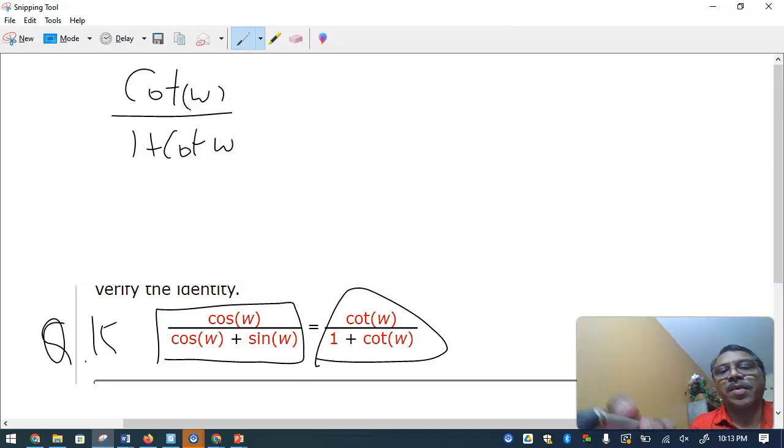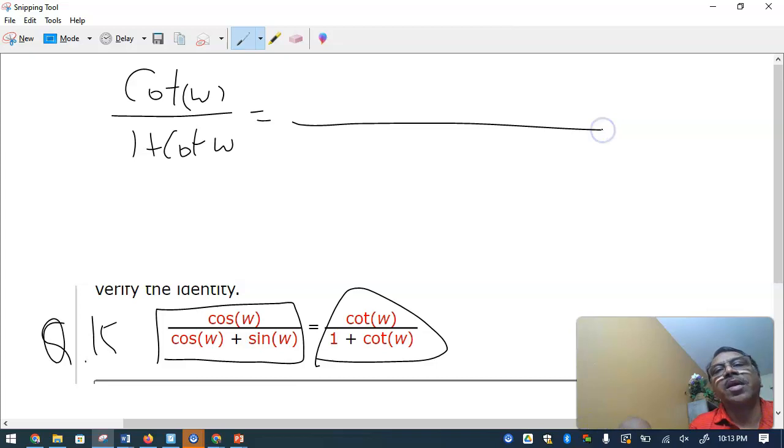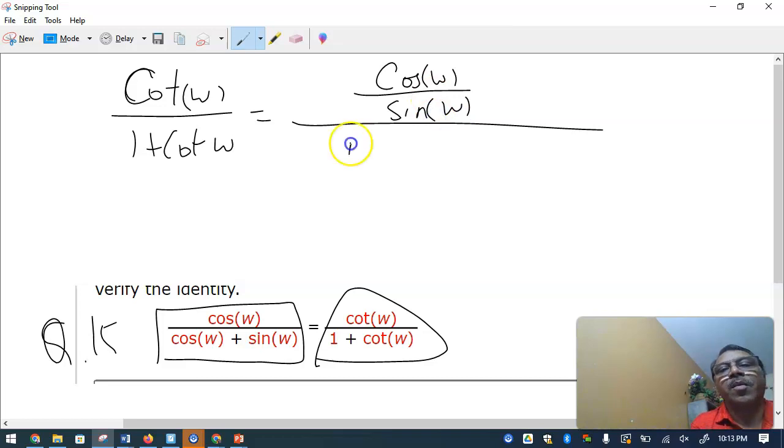So we can replace cotangent. What is cotangent? Cotangent is cosine of the angle divided by sine of the angle. So 1 plus cotangent again, cosine of the angle over sine of the angle. Now, in the denominator you see there's a 1 here.